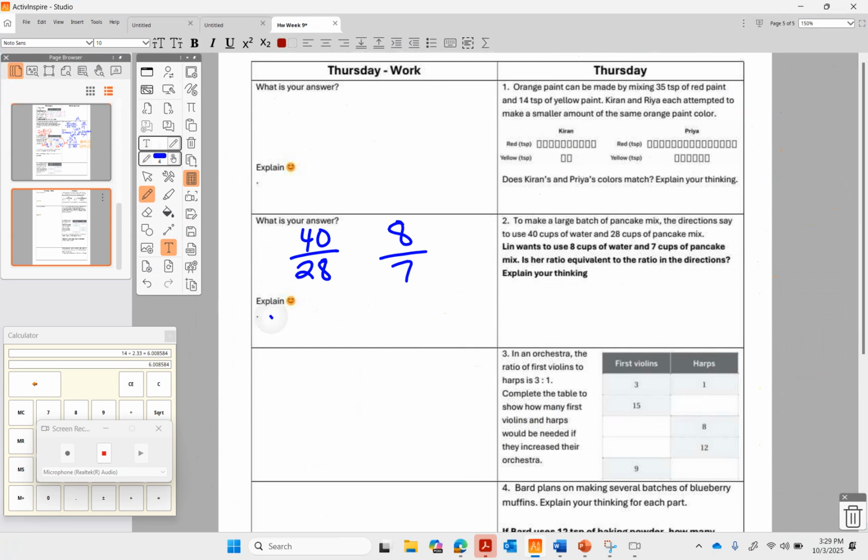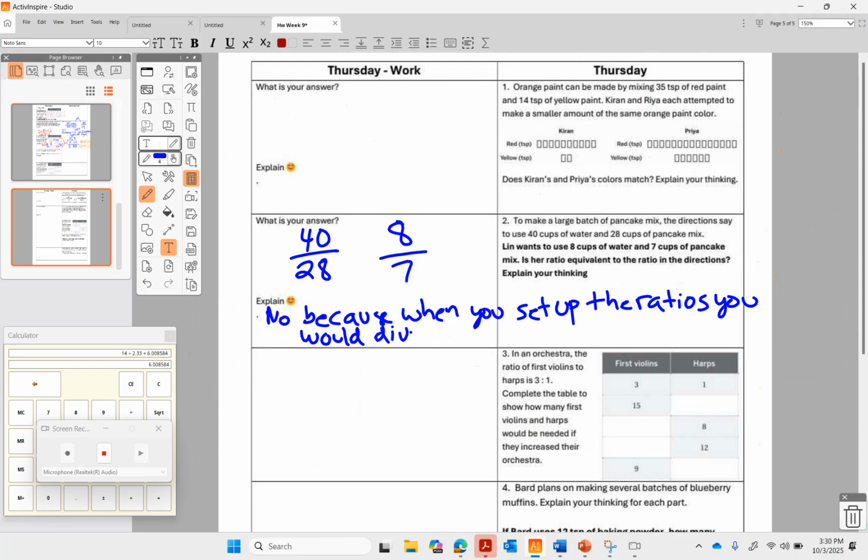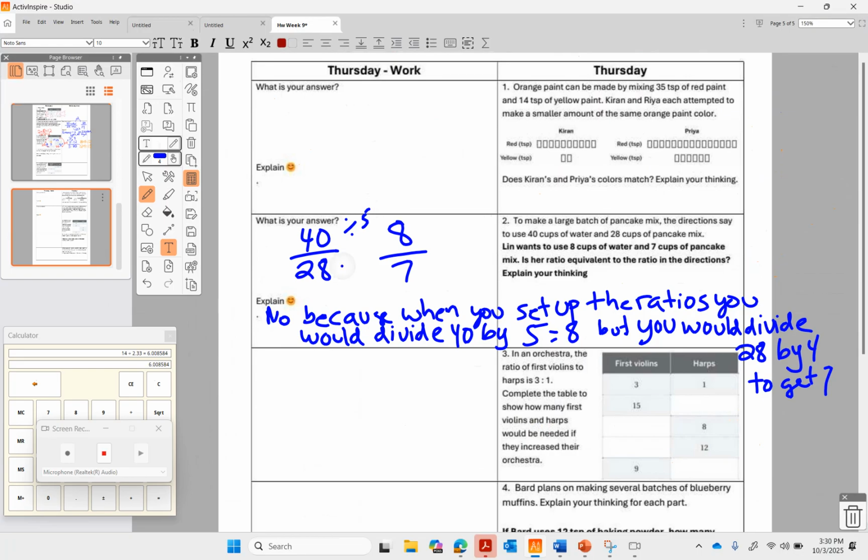No. Because when you set up the ratios, you would divide 40 by 5 to get 8, but you would divide 28 by 4 to get 7. So that's the first part.